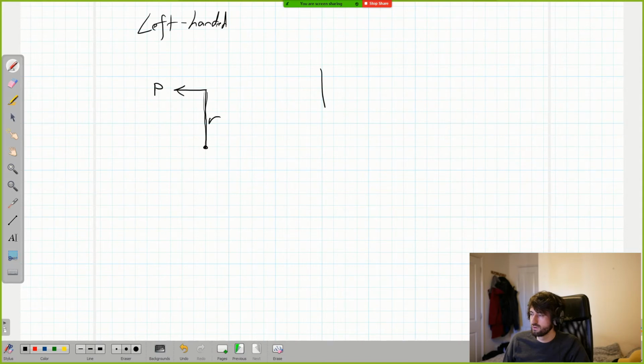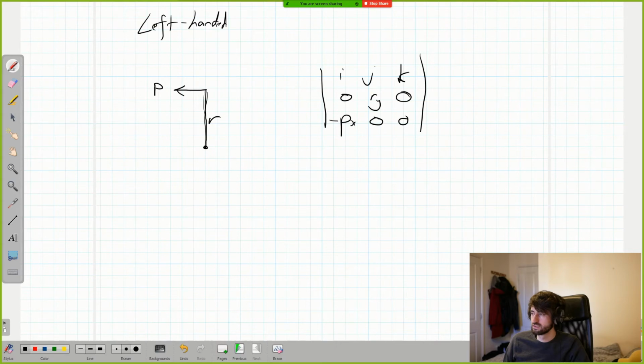If we do this, we've got 0, Ry, it's only got a y. 0, we'll call this minus Px because it's an x in the negative direction. 0, 0.